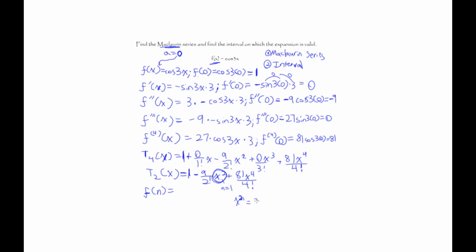I can get an easy answer of x squared, and then plug 2 there into n to check, and that's x to the fourth power. So that checks out quite nicely. So we can incorporate that into our rule.